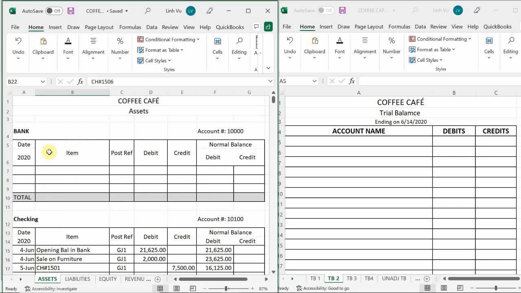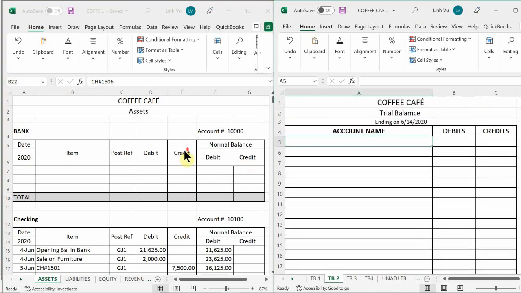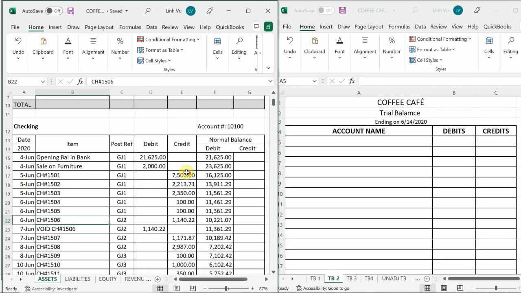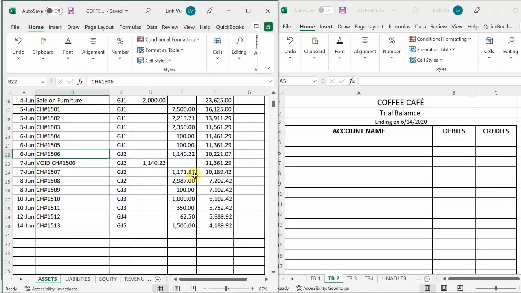Our bank account has nothing, so there's no purpose to record that in our trial balance, because a 0 balance would not skew my numbers at all. My debits and my credits will not affect it because it's a 0 balance, okay? Then my first account that I have here is my checking account.